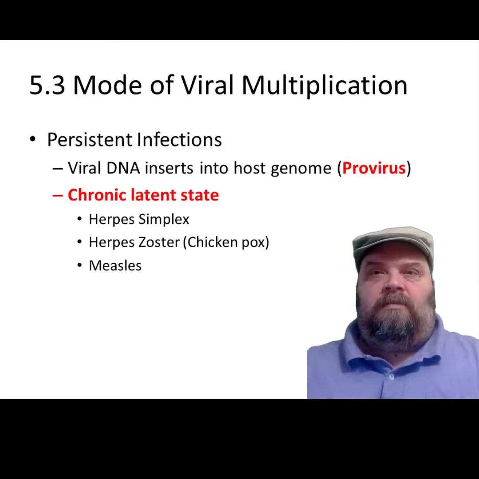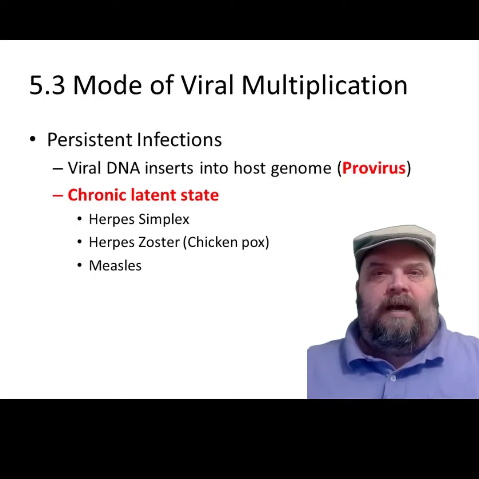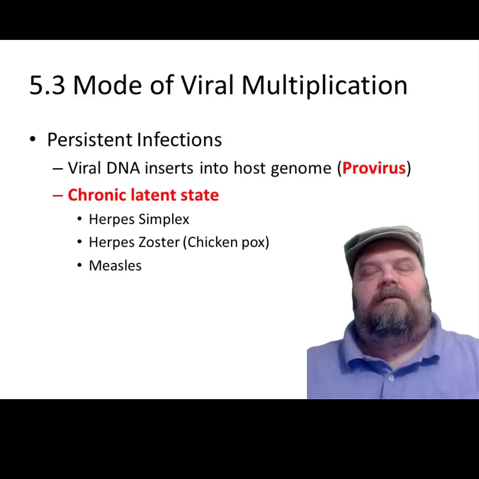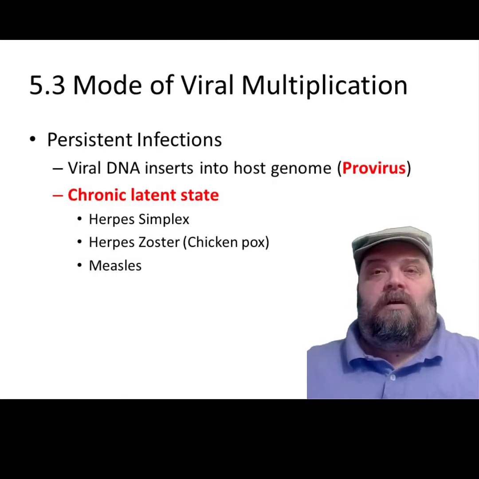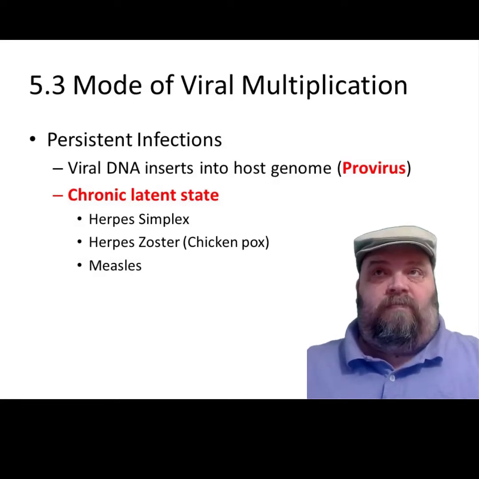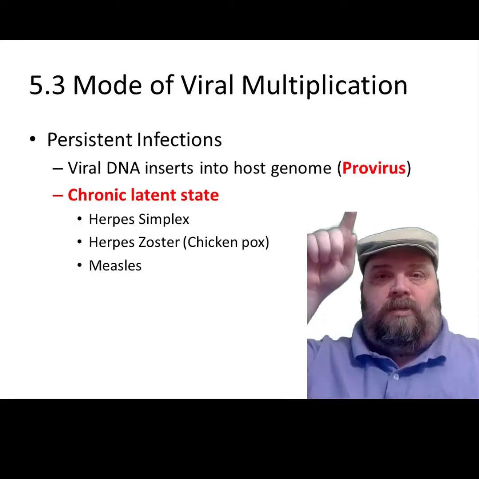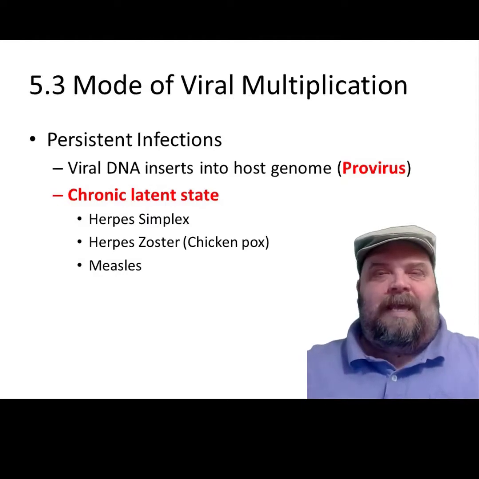And then something will occur, and the provirus will start making copies, start making viral messenger RNA, which leads to the making of viral proteins, the making of viral virions, nucleocapsids, and next thing you know, your viral load in your blood starts to go up again a decade or two after you were infected.